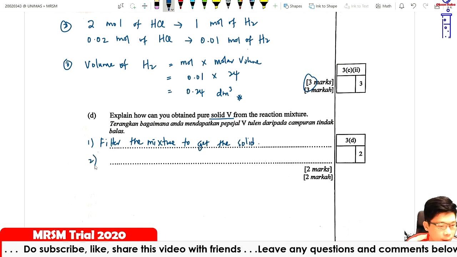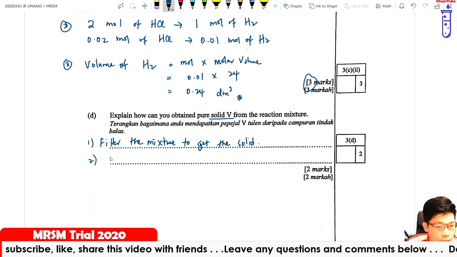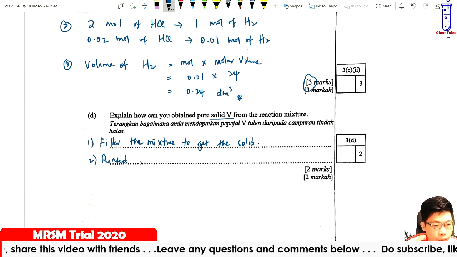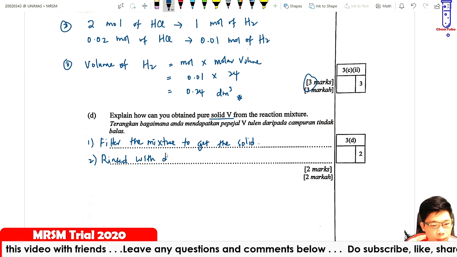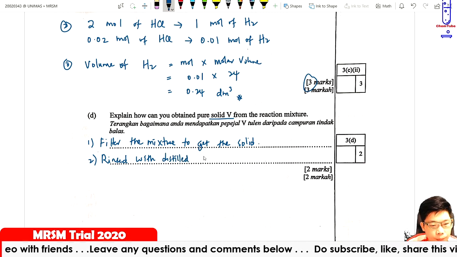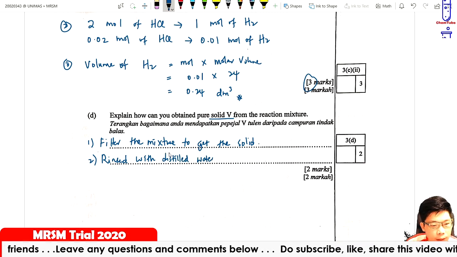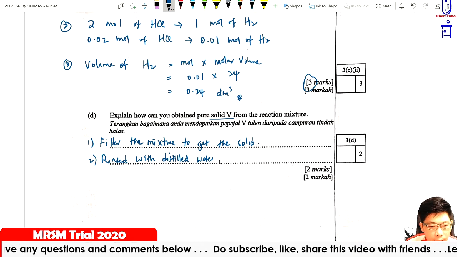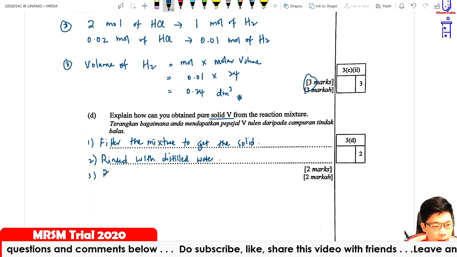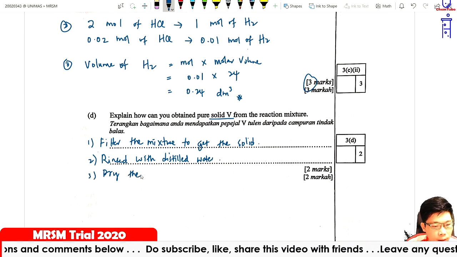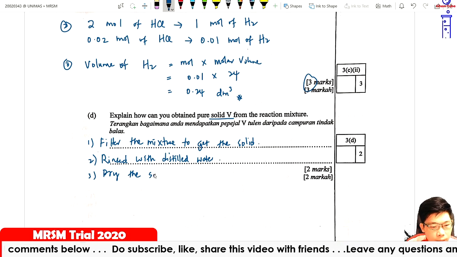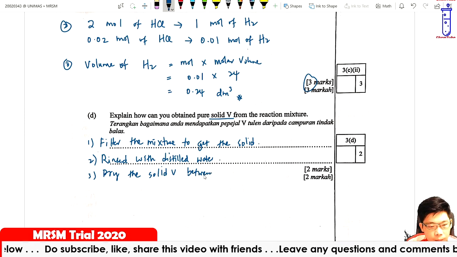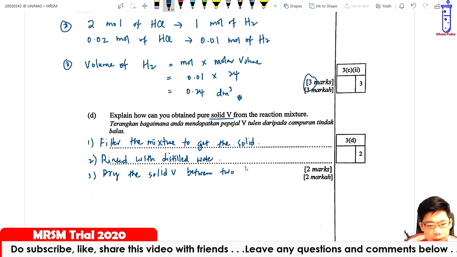Next we can rinse with distilled water. Then number 3, we can dry the solid between 2 filter papers.